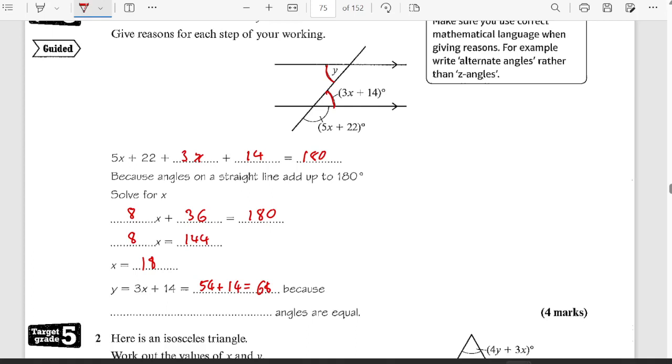And the reason is that they're alternate angles. So the reason is that alternate angles are equal.